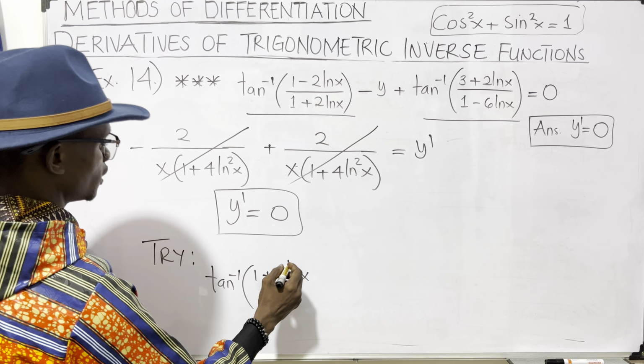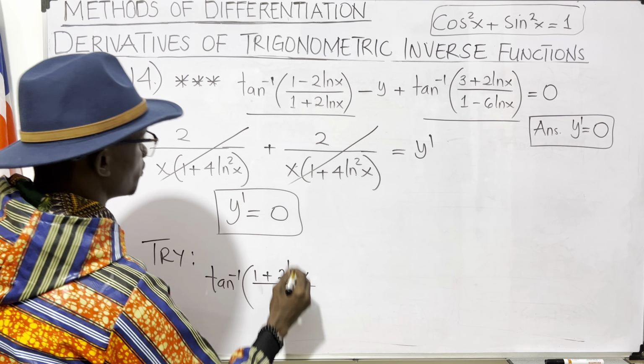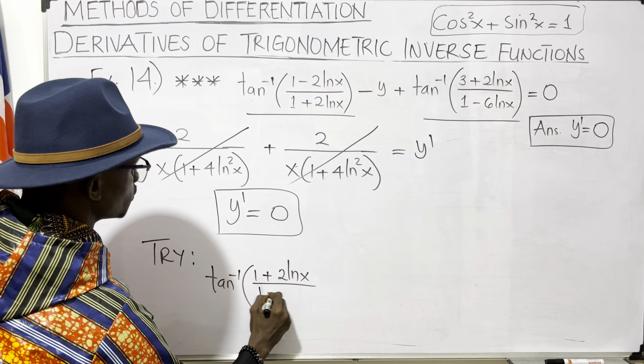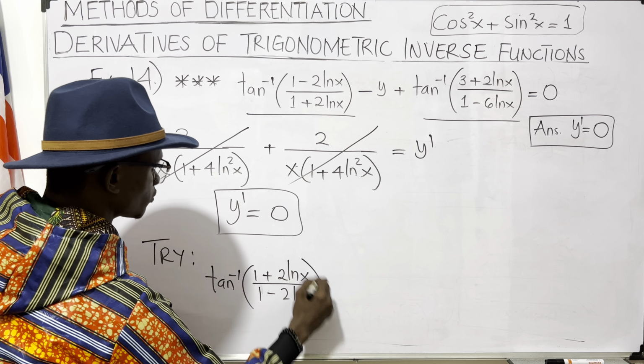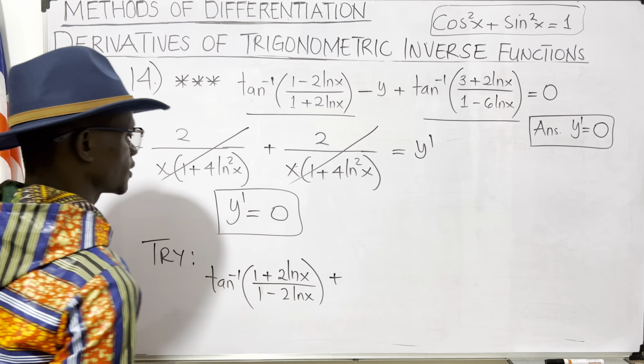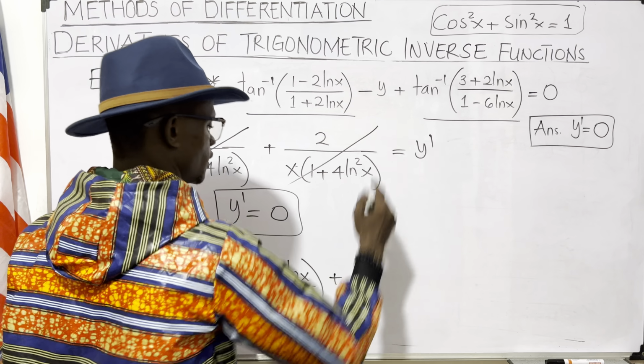I just use the same thing and turn it around. Plus this one, tangent inverse of (1 minus 6 ln of x) over (3 plus 2 ln of x), all equals y. So try this one.